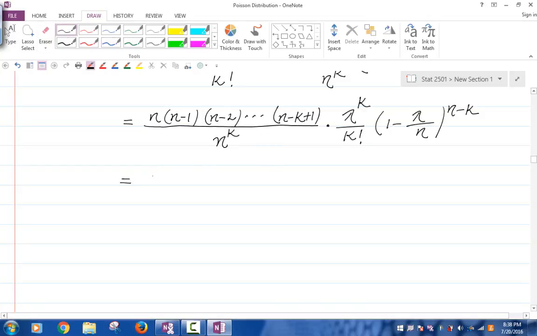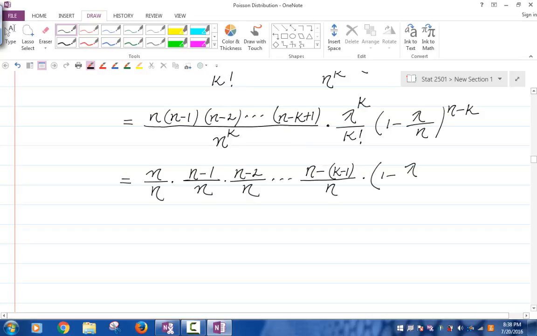So I can write this as n/n times (n - 1)/n times (n - 2)/n and so on up to (n - k + 1)/n, times (1 - λ/n)^(n-k). I'm going to write λ^k over k factorial at the end.